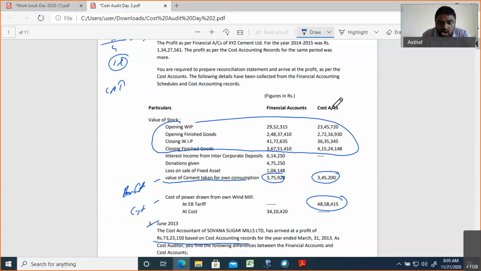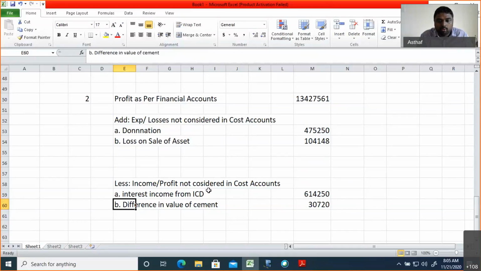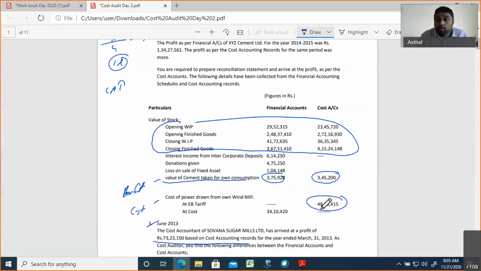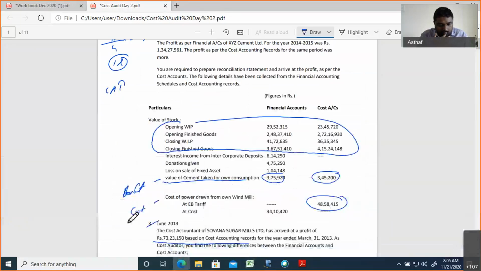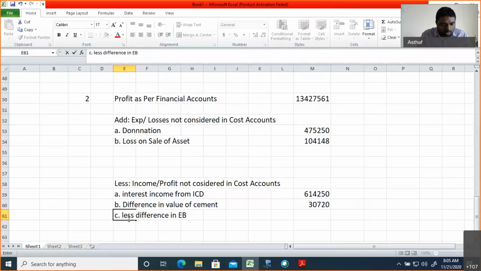In costing we have a very high amount, 48,58,000. But in financial we have only 34,10,000. If costing has the higher amount, the profit is lesser. Financial has the lesser amount, which means more profit. So costing gives lesser profit now. An item that brings the cost profit down, we have to reduce. So less the difference in EB or power.